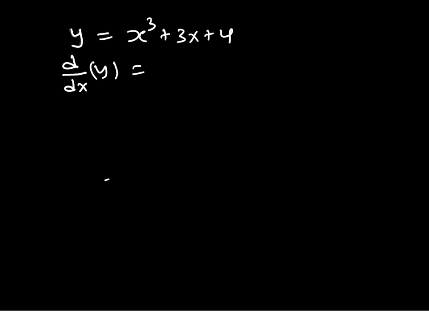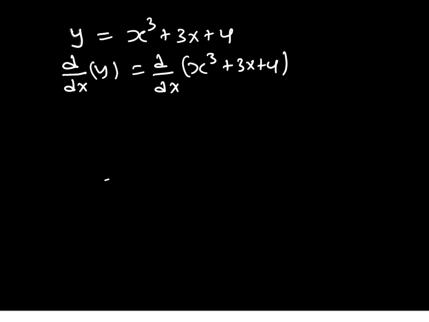So if one is given a function y equals x cubed plus 3x plus 4, and you want to get the derivative of this function, you differentiate both sides with respect to x. So y is equal to d by dx of x cubed plus 3x plus 4.